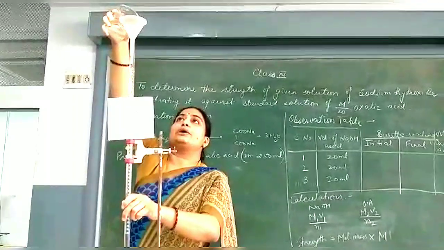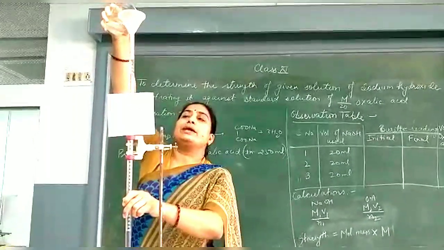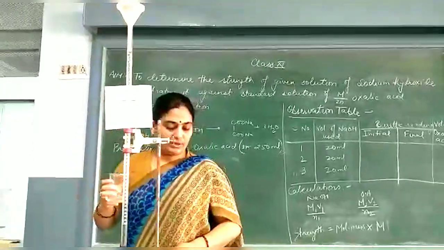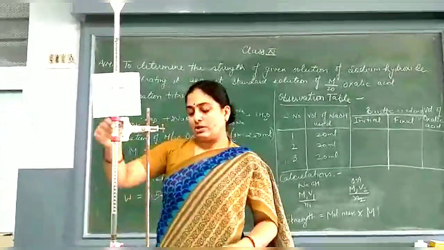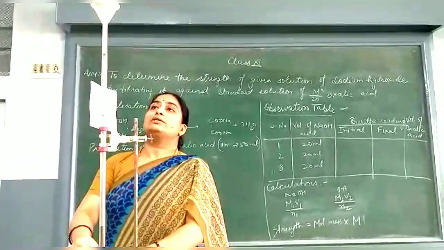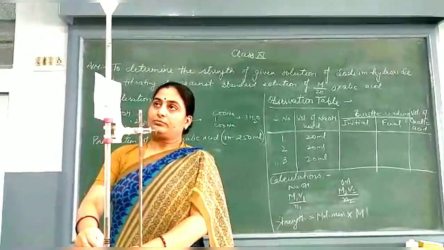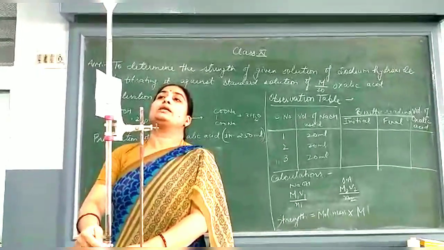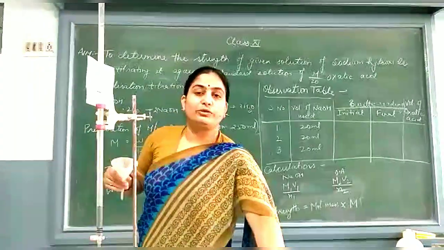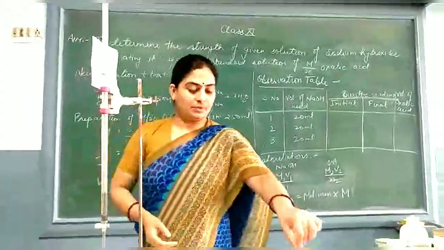Before starting, you have to rinse the burette, pipette, and every apparatus like the funnel and conical flask; everything must be cleaned. Once you fill the burette, make sure there is no air bubble left, and after filling you have to remove the funnel.